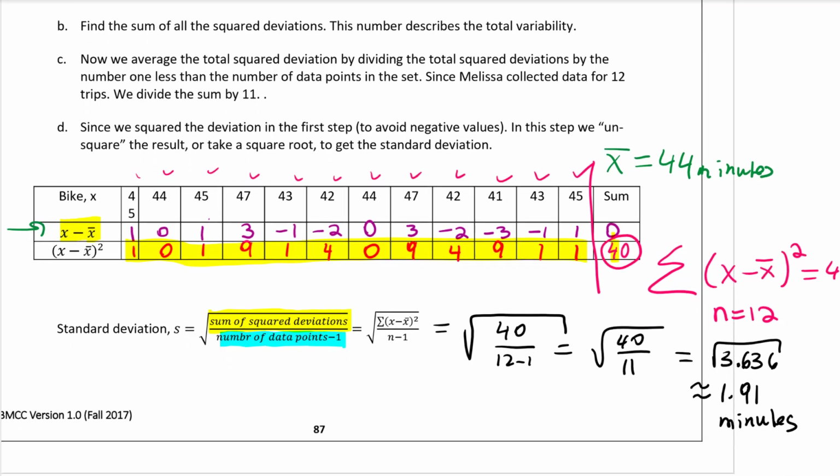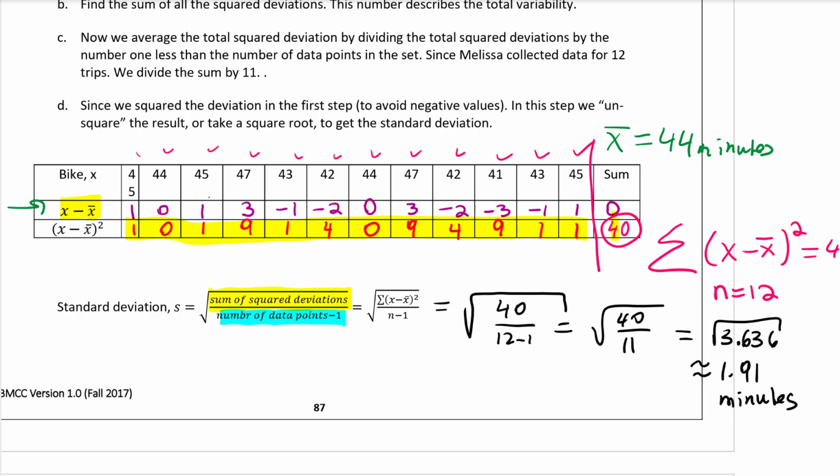Alrighty, so we computed the standard deviation. Let's try to understand what that means.